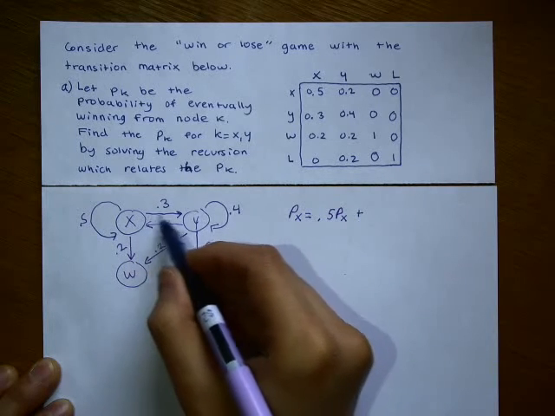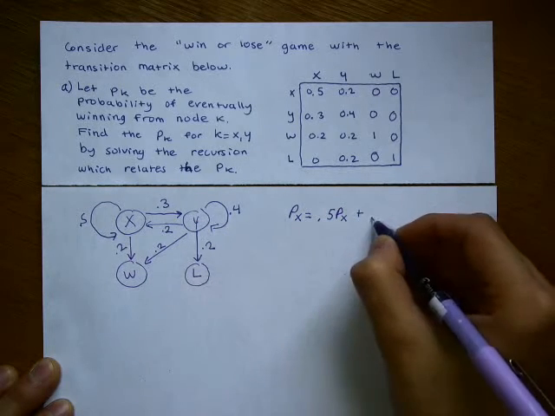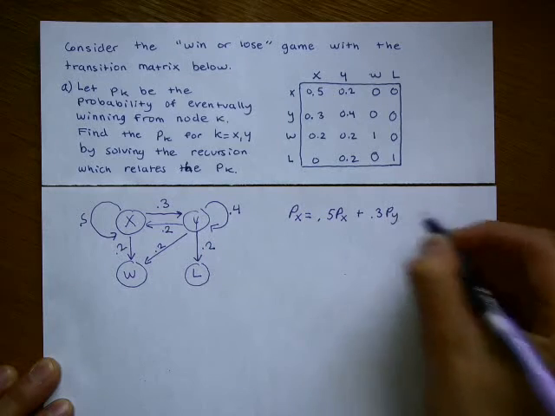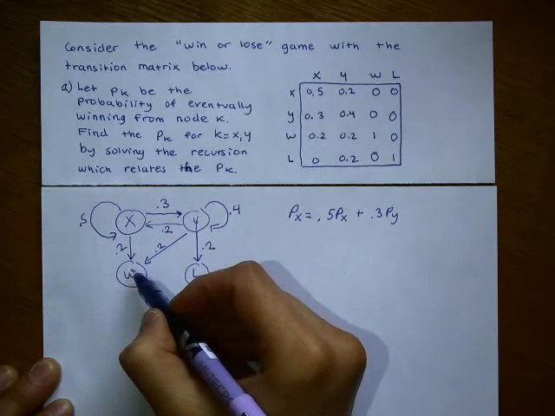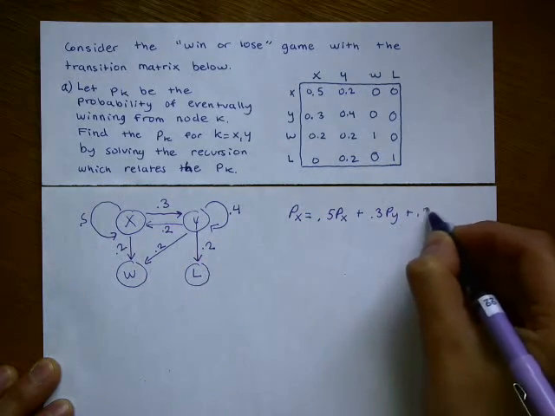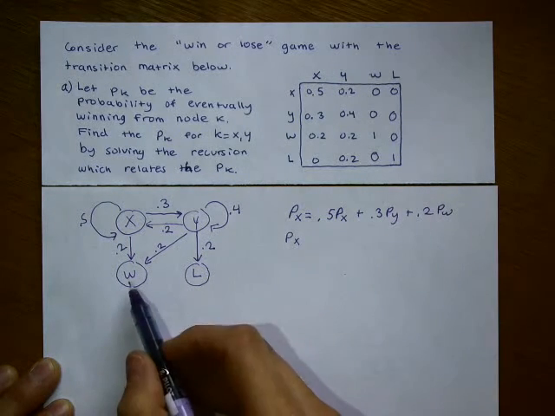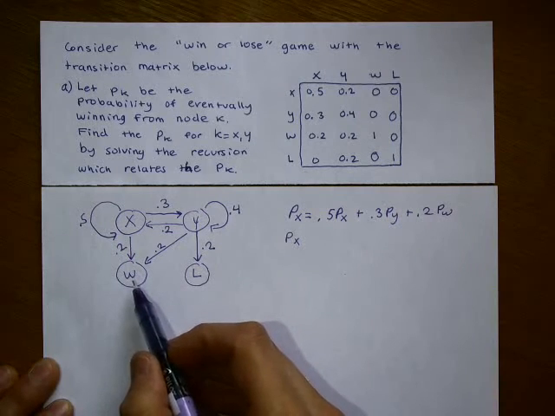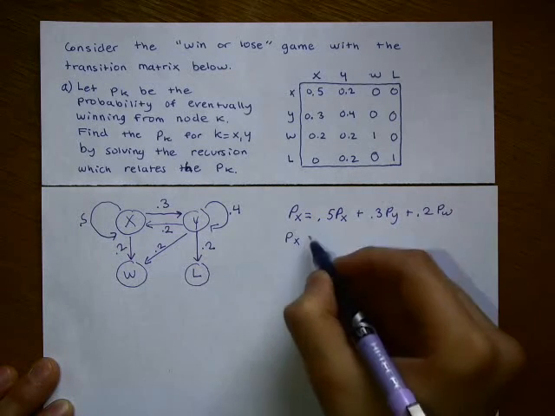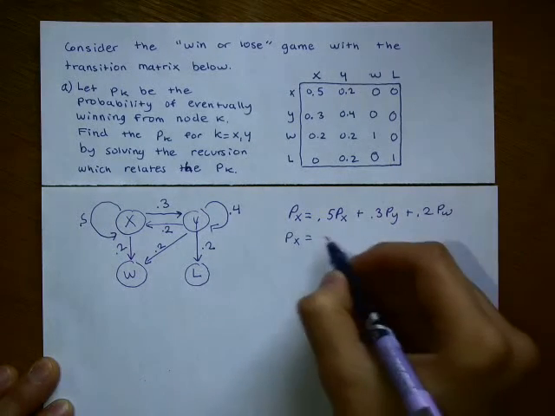I can go to y with a probability of 0.3. Or I can move to w with a probability of 0.2. And now because the probability of winning from node w is 1, you can just replace pw with 1.